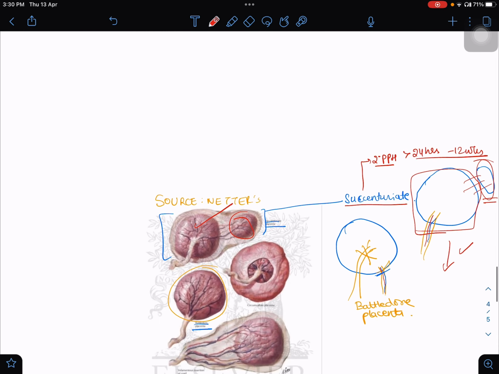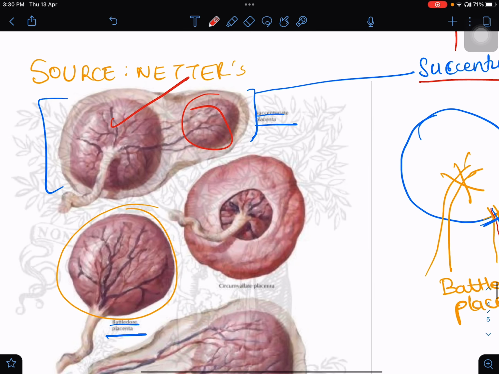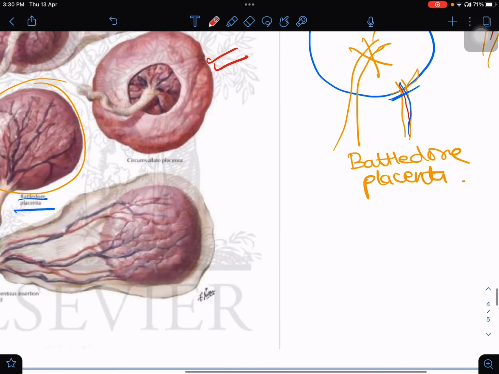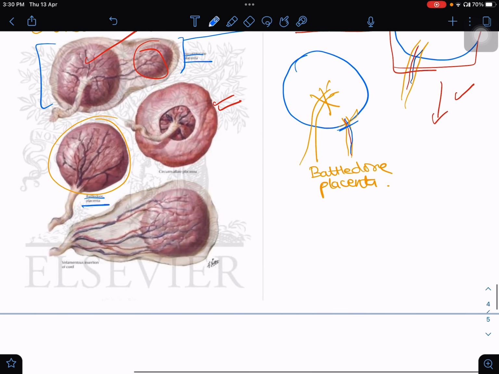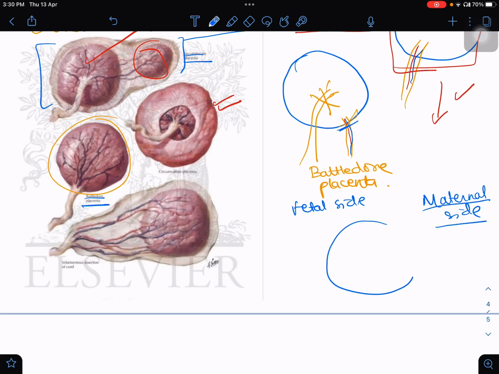Now coming to the next, the circumvallate placenta. As you can see, this is the circumvallate placenta. The placenta has a fetal side and a maternal side. If the placenta has a big maternal side but the fetal side is very small, the membranes will roll over it. As you can see, the placenta is covered by this fold of chorioamniotic membrane around it.